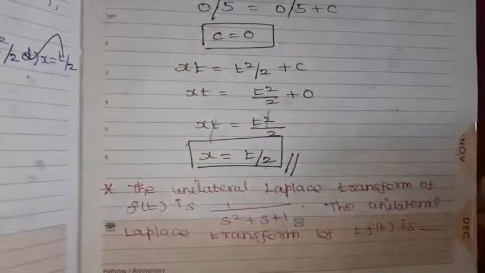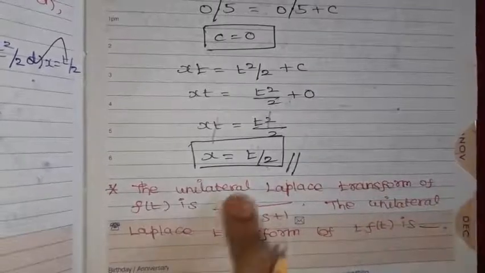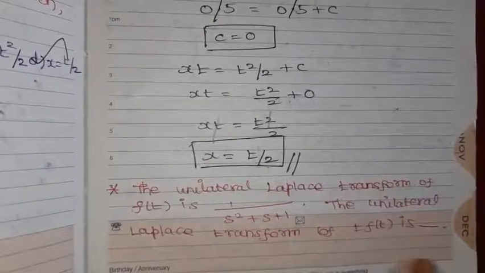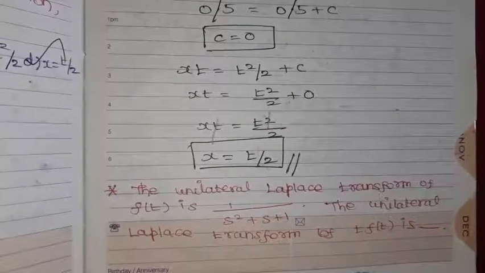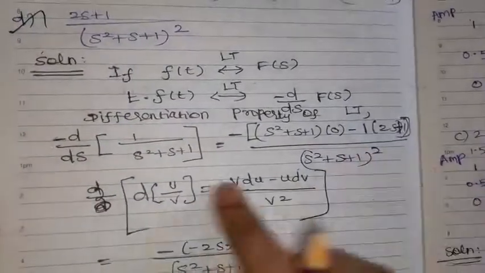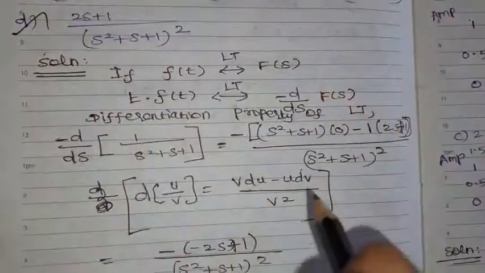Okay. Then the unilateral Laplace transform of t into f of t is this. This is also one of the properties of Laplace transform, multiplication by t. What is the multiplication property? Multiplication by t is called the differentiation property of Laplace transform.